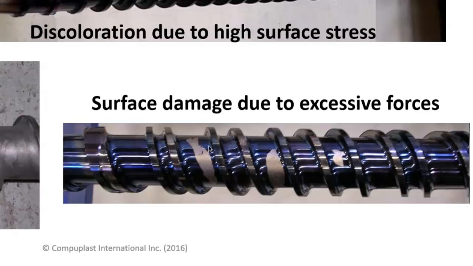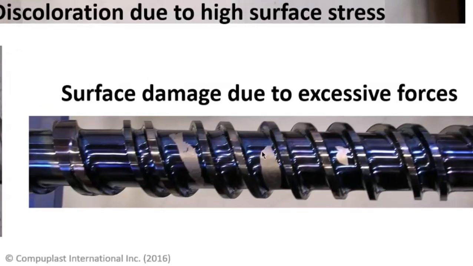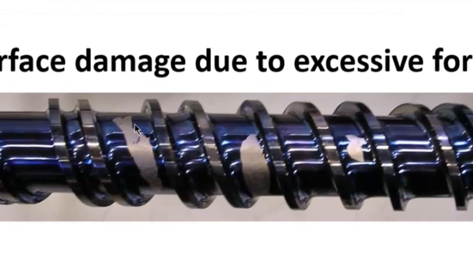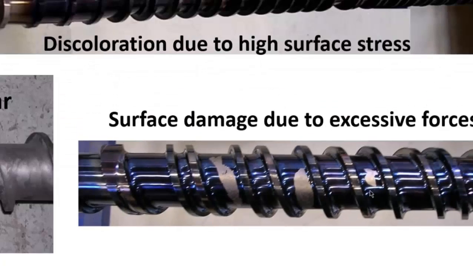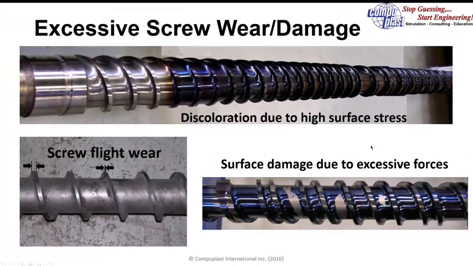And here is an image of another screw that's had excessive force or shear stress put on the surface to the point first where the screw discolored, and then where that chrome layer was actually scraped off. You can see in certain patchy areas where the pellets scraped off the chrome.